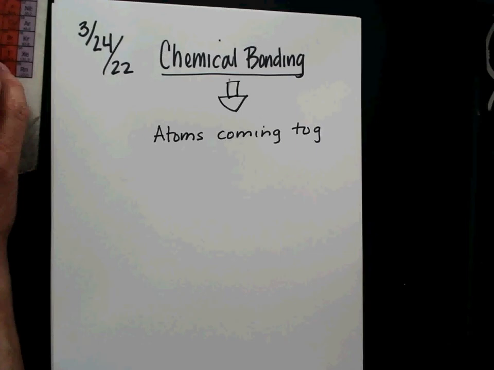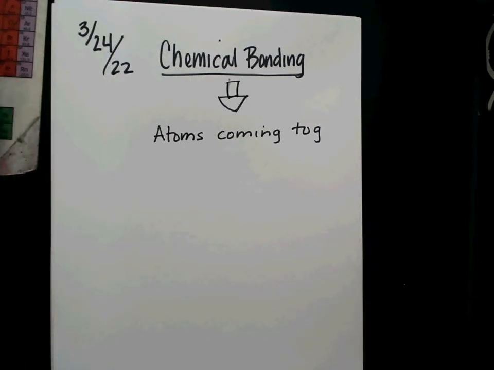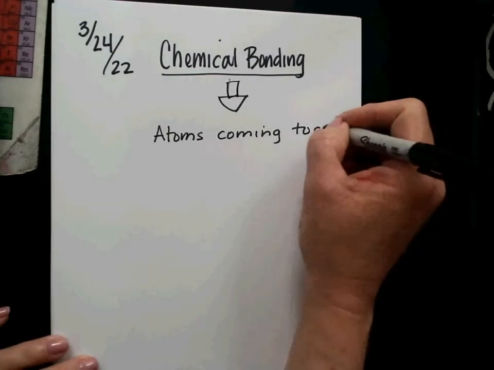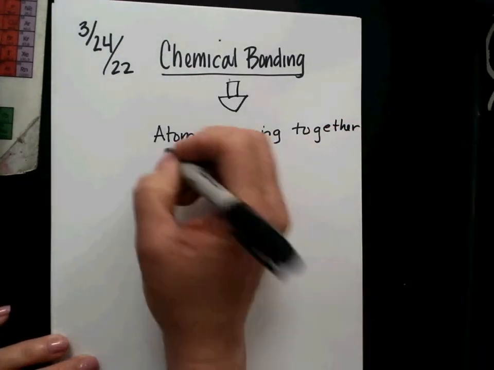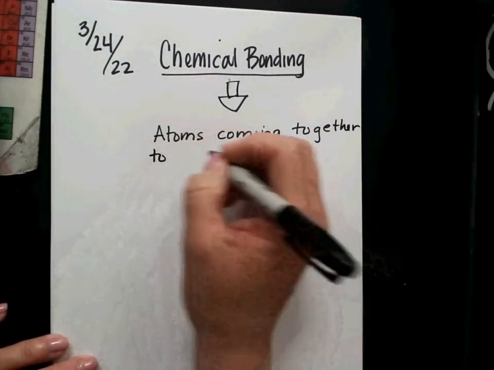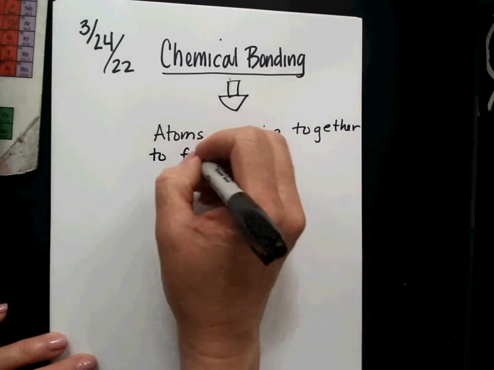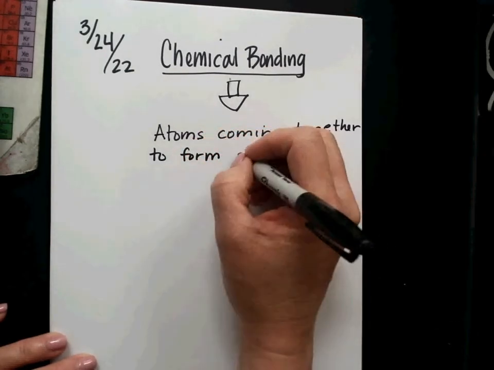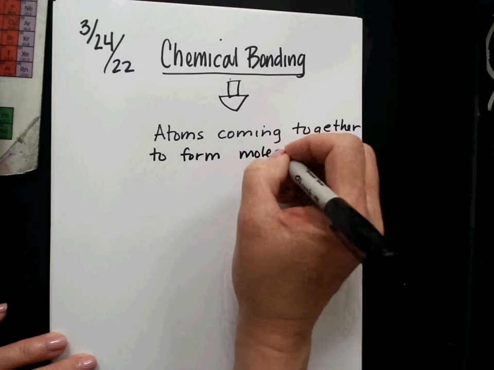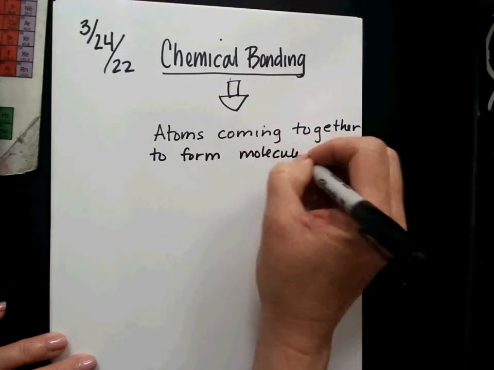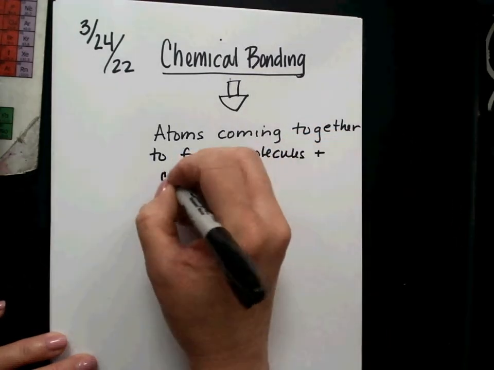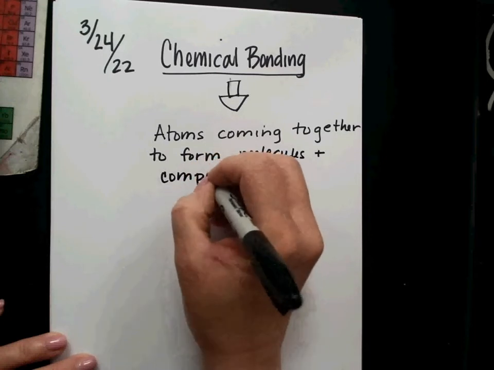Okay, so chemical bonding, that's when we have atoms coming together to form molecules and compounds.